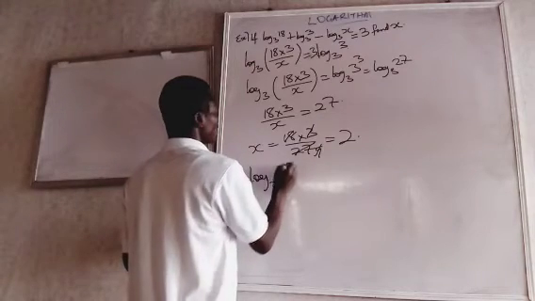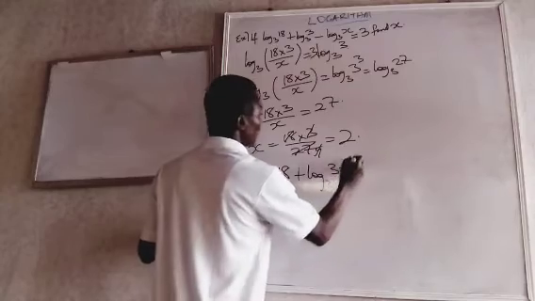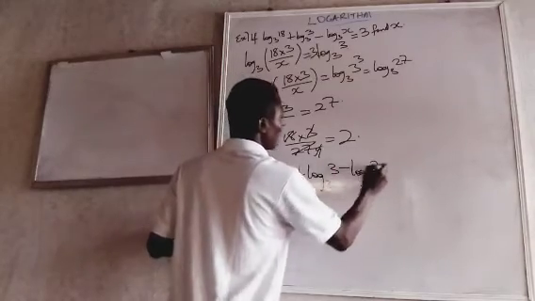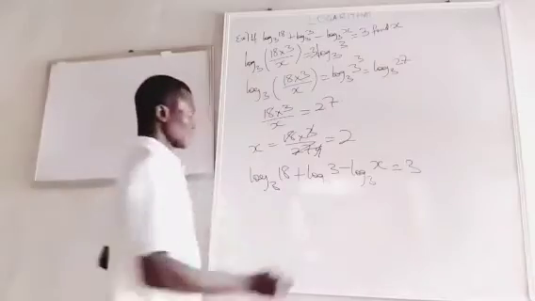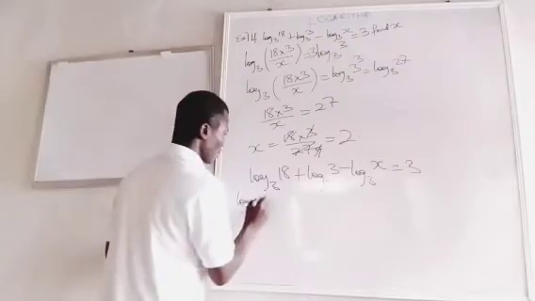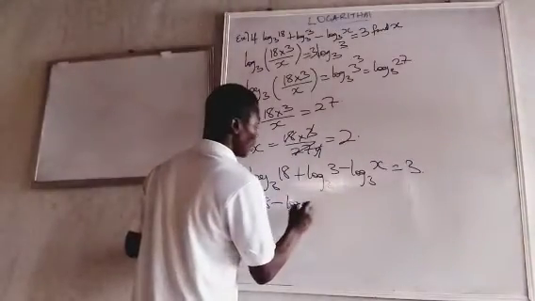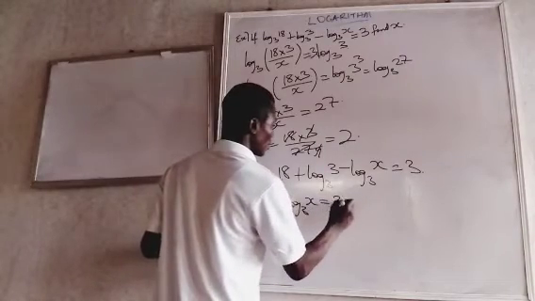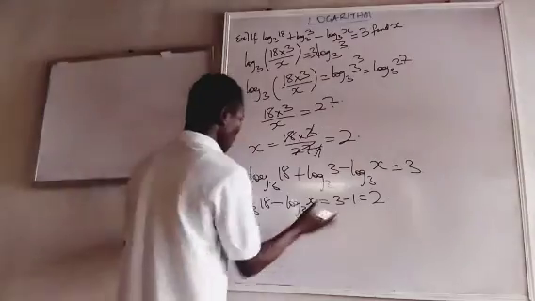Log 3, 18 plus log 3, 3 minus log 3x is equal to 3. Log 3, 3 is 1. So I can now say log 3, 18 minus log 3x is equal to 3 minus 1, which is 2. Fine.